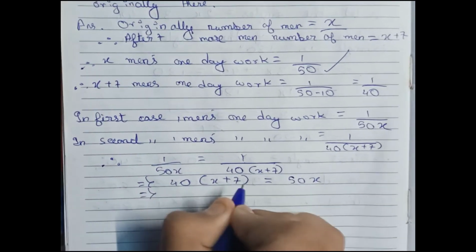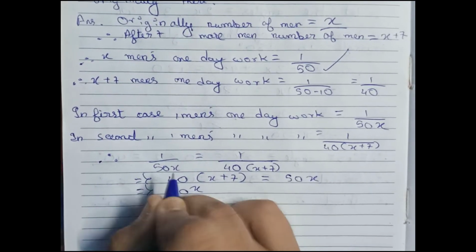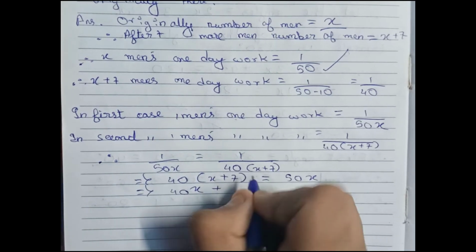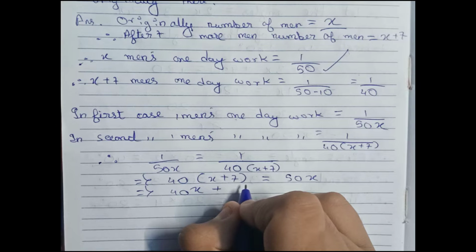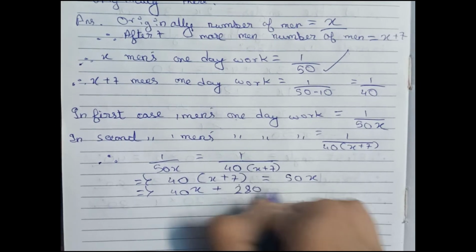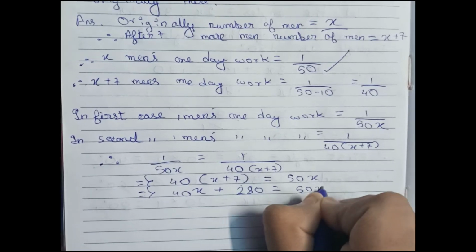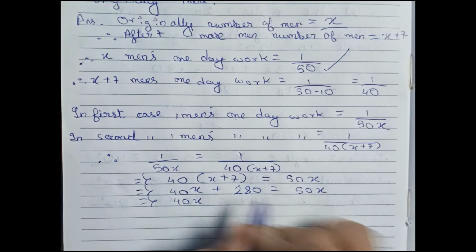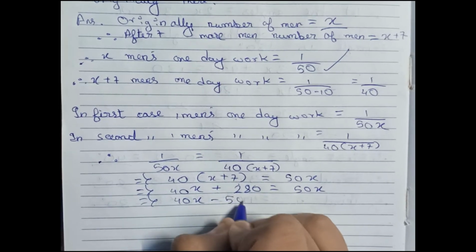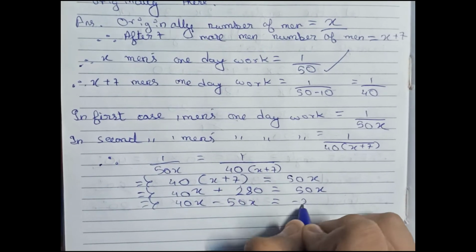So now I write 40 into x, that will be 40x. 40 into 7, plus 280, equals to 50x. Now 50x we take to this side, so it becomes minus 50x equals to minus 280.